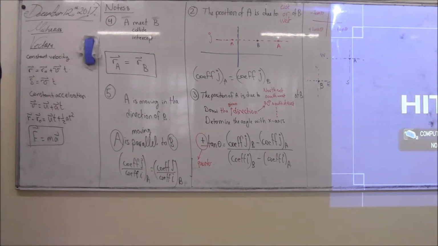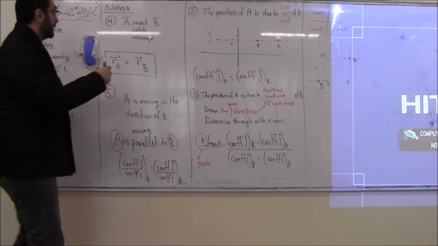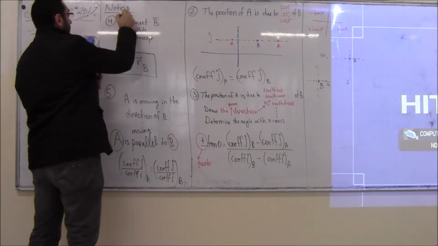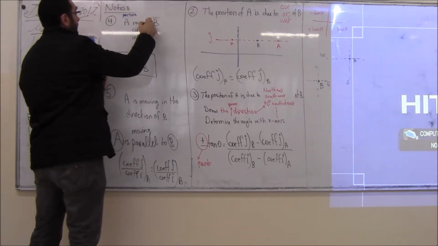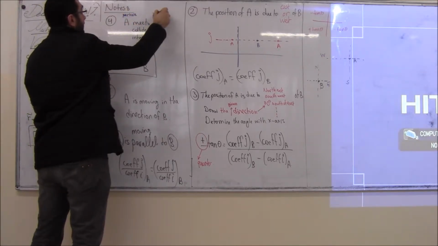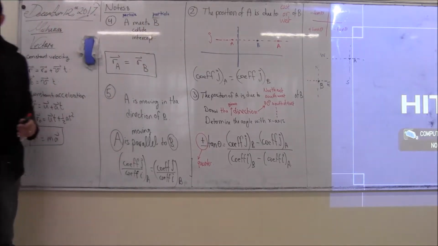Yes. A is what, a point or something else? We said position A. Okay, thank you. Particle A meets particle B. We didn't say position vector.